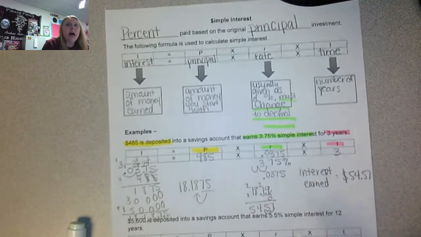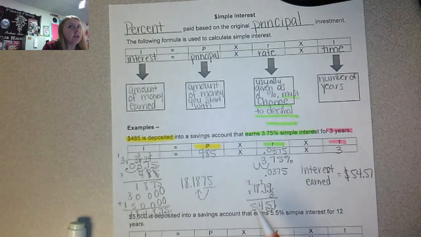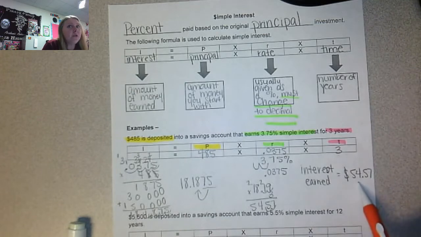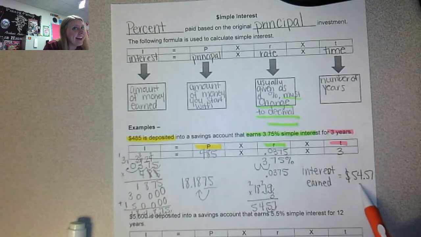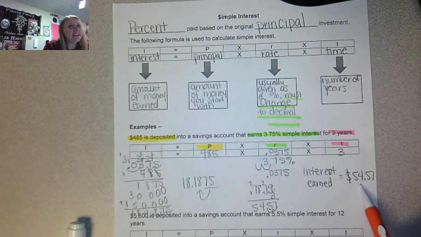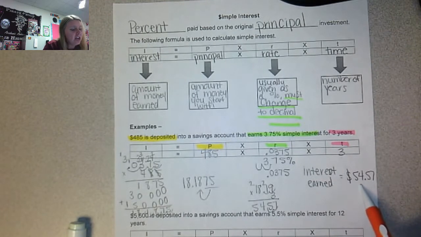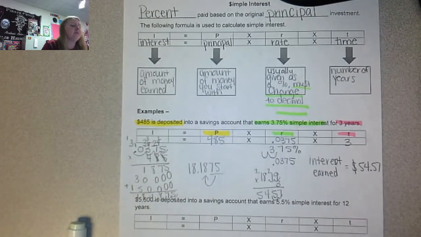Okay, so after multiplying it, after 3 years, I have earned $54.57. So it's kind of exciting, but it took me 3 years to raise that much money, so that's kind of sad. So the next thing I'm going to do is solve this one down here below.